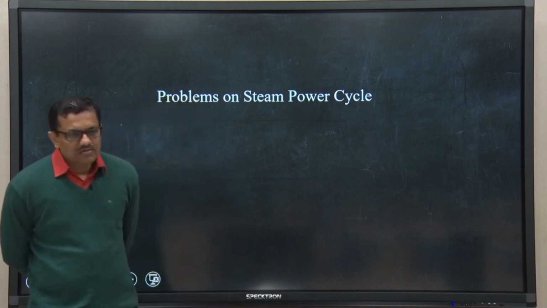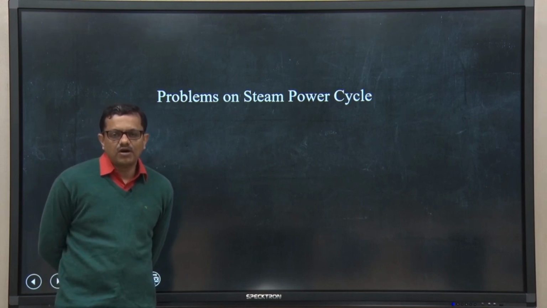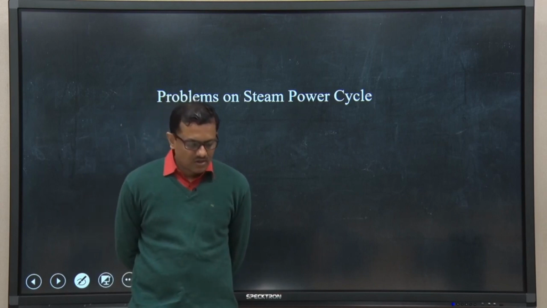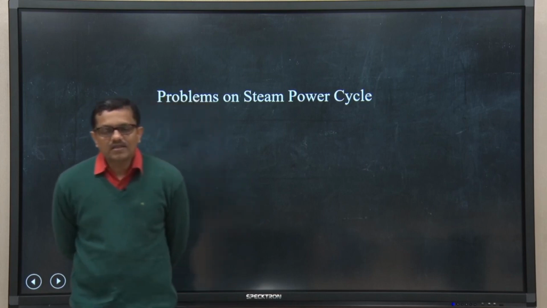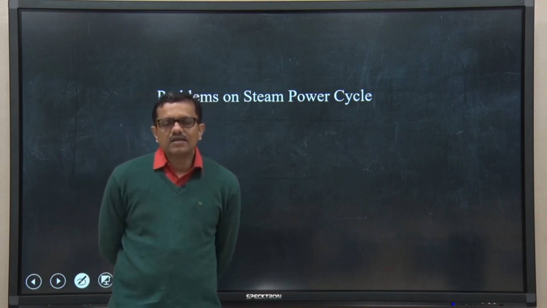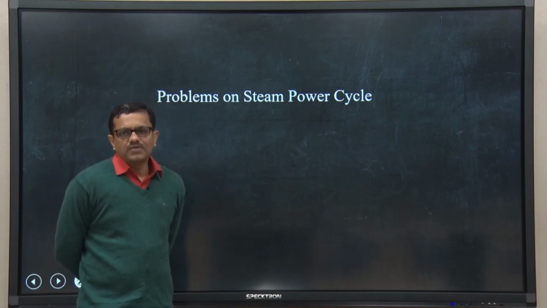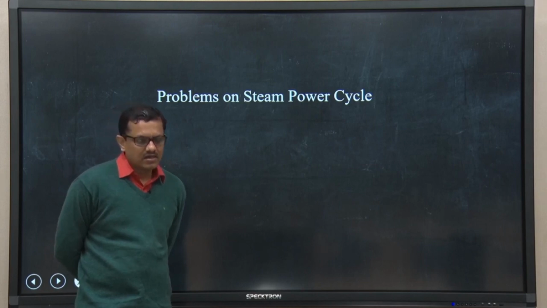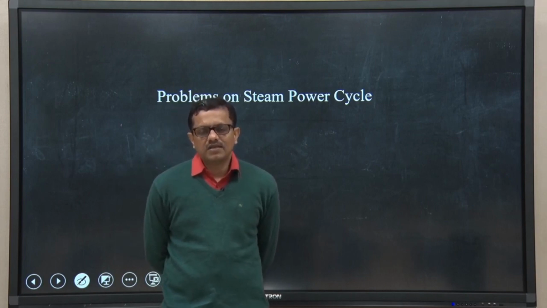But identifying a few issues from the perspective of operation as well as design, there are a few practical cycles, and we have discussed them. We have discussed that the efficiency of the Carnot cycle is maximum, but if we talk about the simple ideal Rankine cycle, reheat Rankine cycle and then regenerative cycles, the several modifications we have discussed are essentially for the improvement of the thermal efficiency of the cycle.